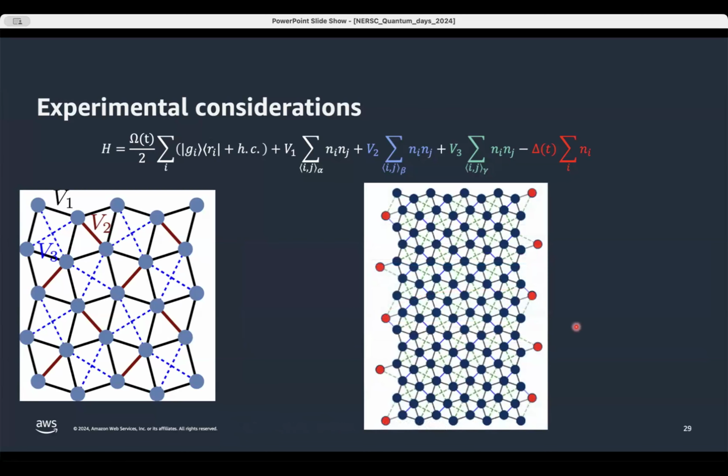One more thing is that the simulation is always done on a cylindrical geometry, but in a real device, it's always open boundary conditions. So to stabilize the phase that we're trying to probe, we use another trick, which is to add some boundary atoms, highlighted in red here.